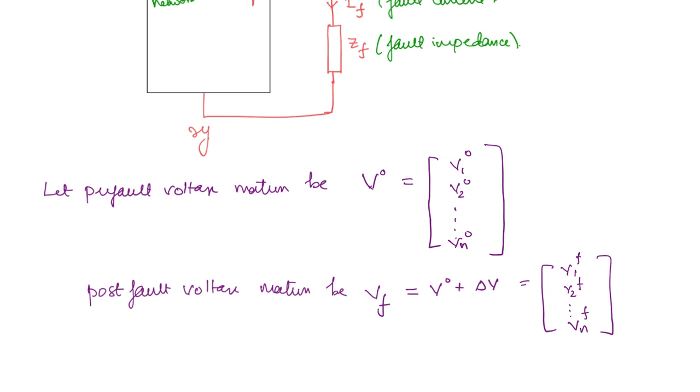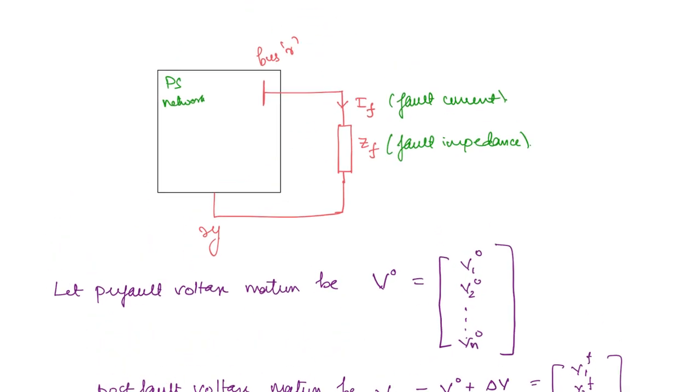Now what about delta I, the change in currents? Here we have a fault current that is extra at bus R. All of the currents we take as injected into the bus, but this is coming out of the bus. So what will be the change in current at bus R?